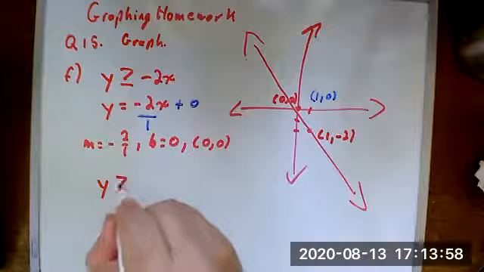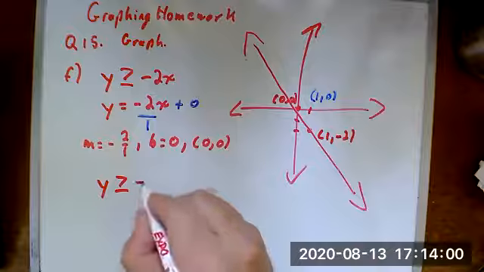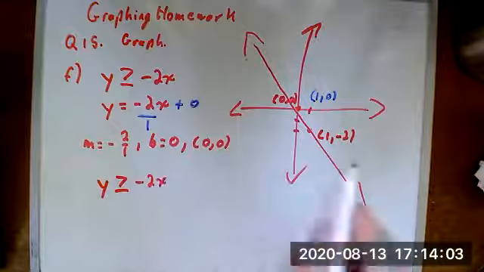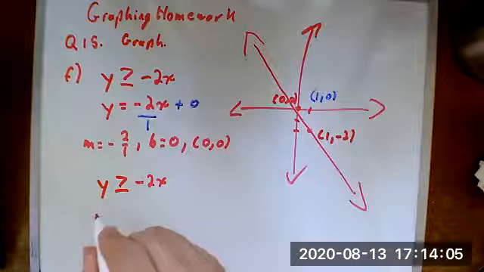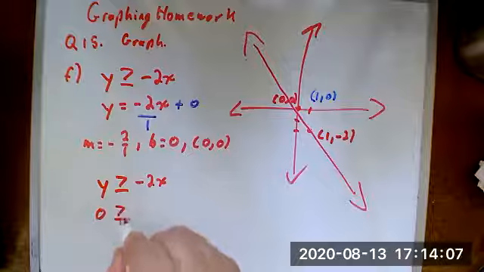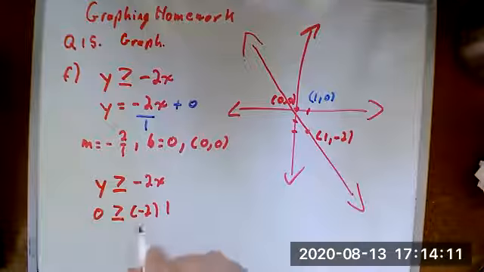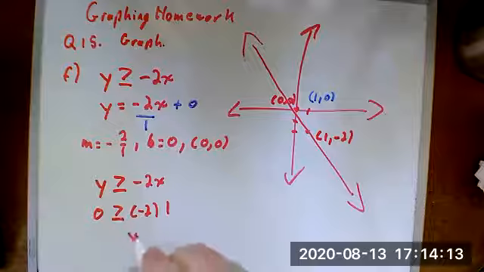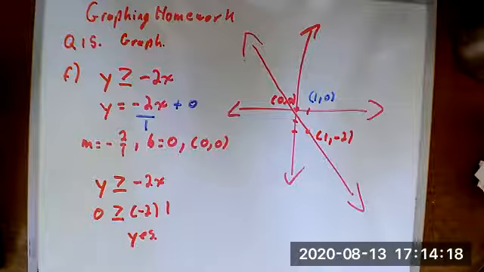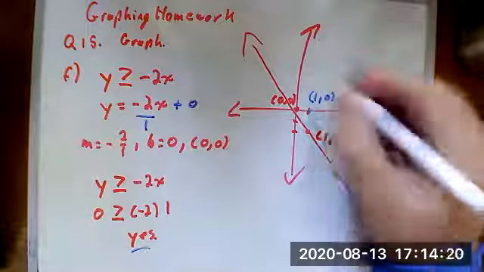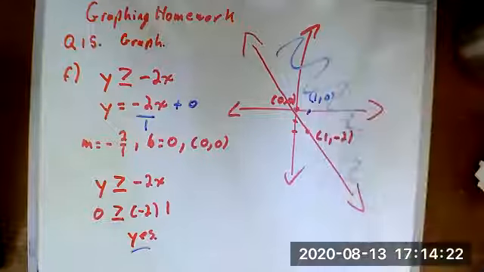So back to our original equation, y greater than or equal to negative 2x. If y is 0 and x is 1, is 0 greater than negative 2? The answer is yes. Because the answer is yes, we want that side.